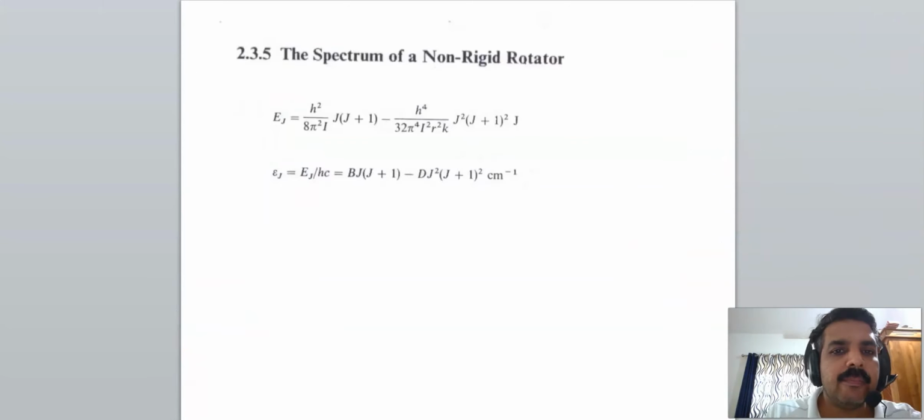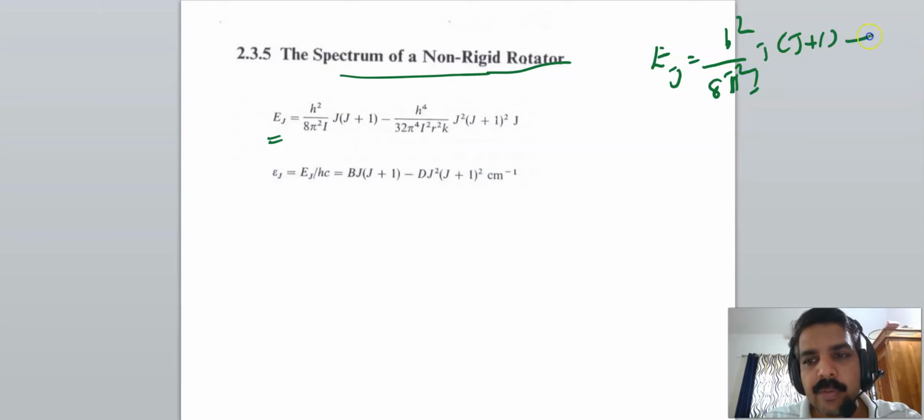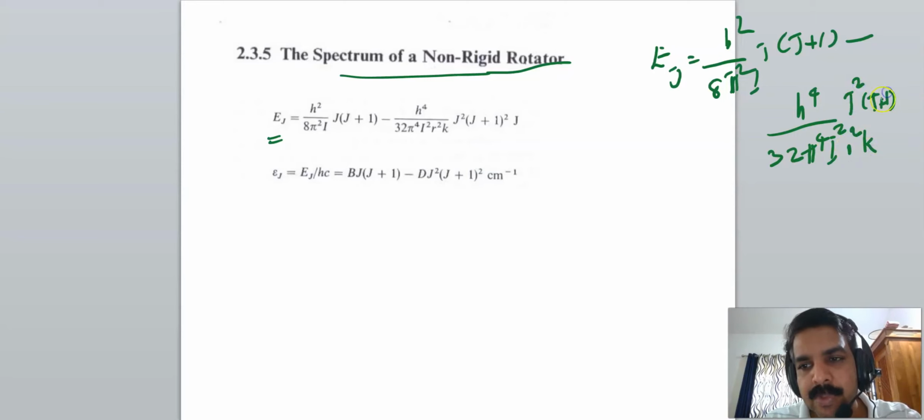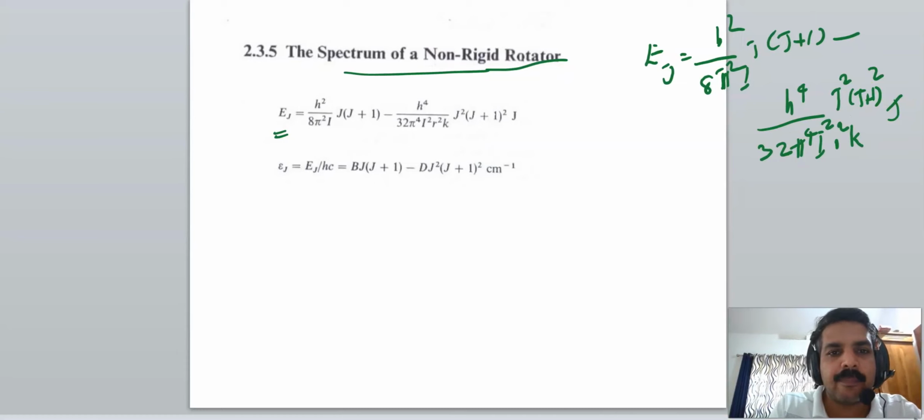Next, if we solve the Schrodinger wave equation for the non-rigid rotator, the energy equation will be like this: E_J is equal to h squared divided by 8 pi squared I into J into J plus 1, minus h raised to 4 divided by 32 pi raised to 4 I squared r squared k, into J squared into J plus 1 the whole squared, joules.